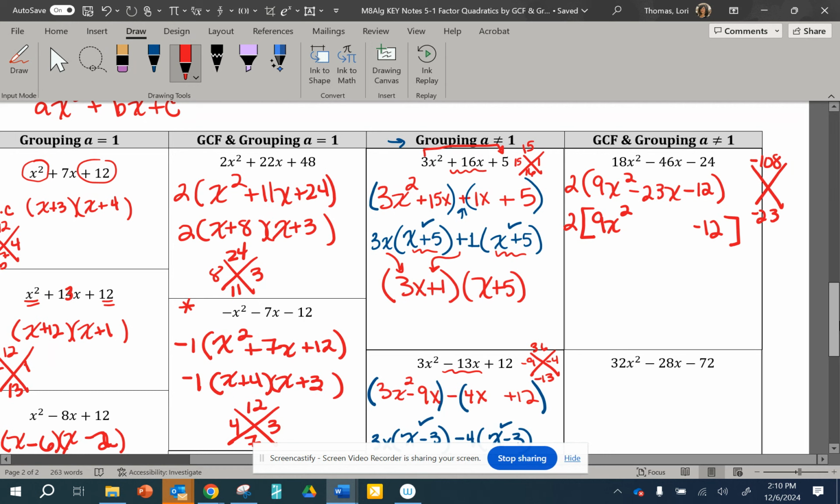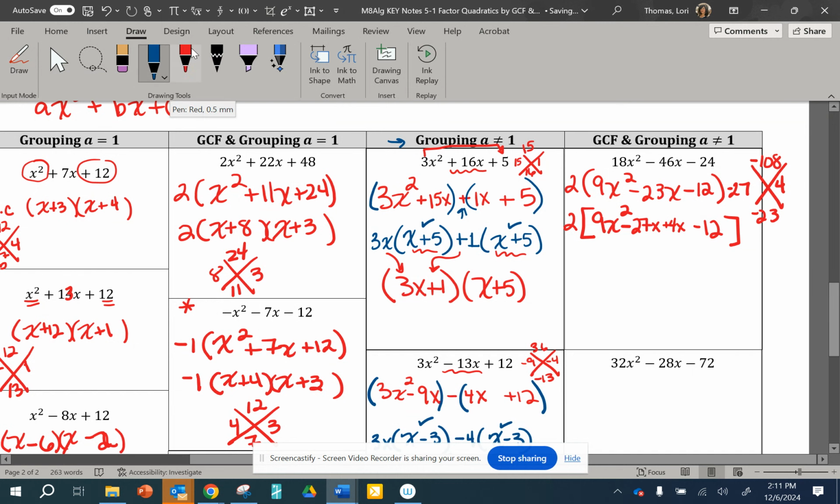So it looks like 27 and 4. The 27 needs to be negative. So I'm going to rewrite negative 23x into negative 27x and then plus 4x. So this still gives me back what I started with.